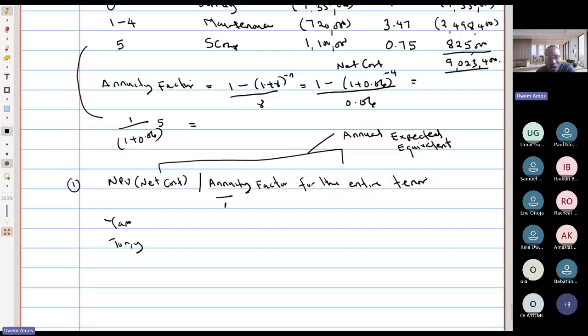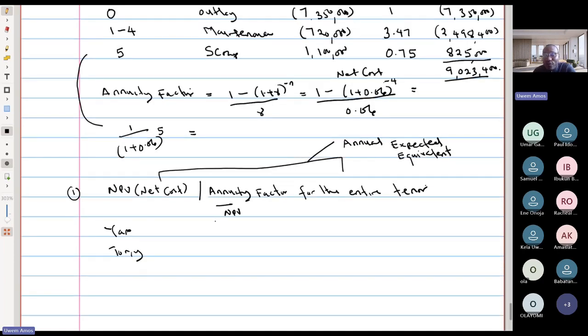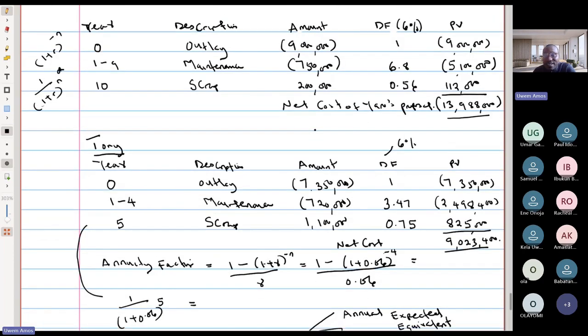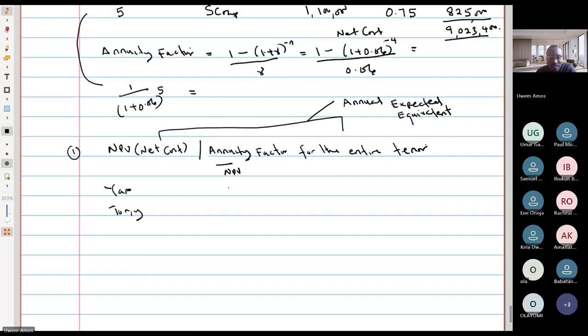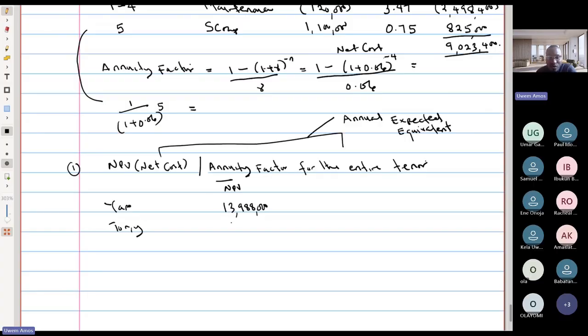The net cost from our calculation, or the NPV net cost, whatever you want to call it, for Yarrow is 13,988,000. For Tony, it is 9,023,400.